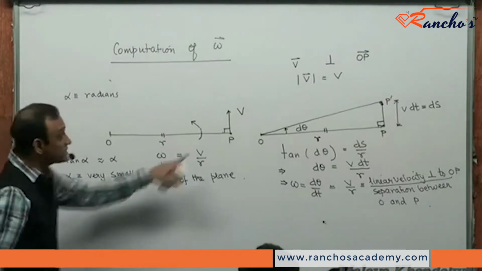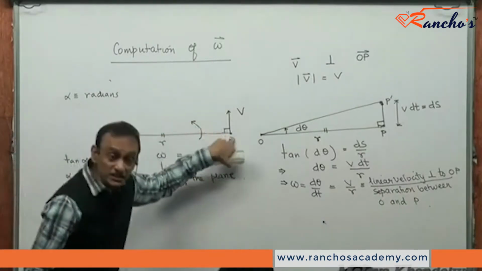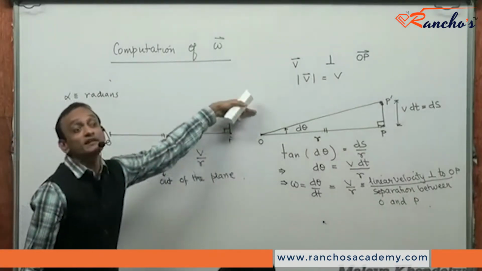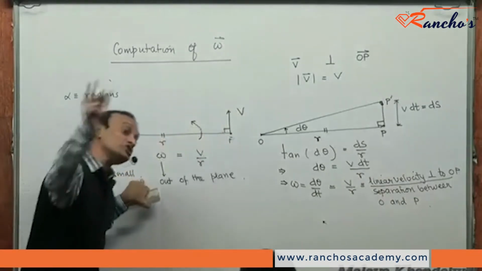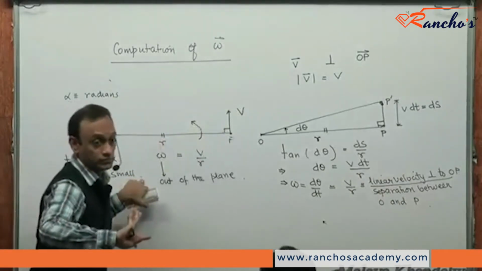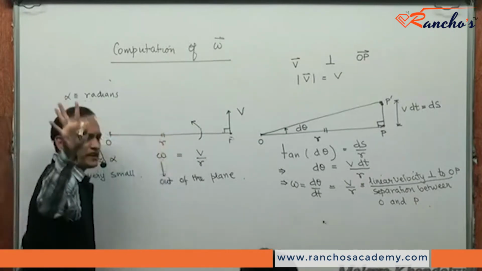No, this is the velocity at this instant of time, and this is the angular velocity at this instant of time, where V is the velocity perpendicular to OP at this instant. So nothing is fixed, everything is varying, right?